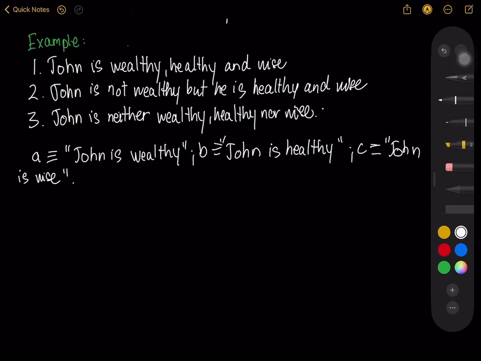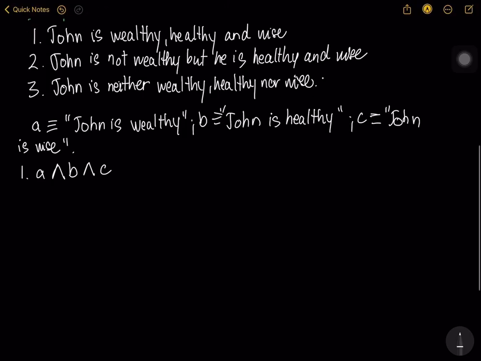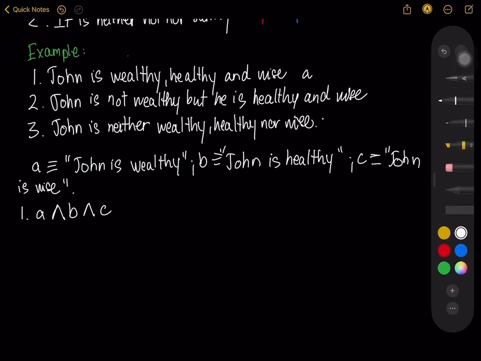We have A, John is wealthy, healthy, so and B, and then wise, and C. This is our first sentence, so I'm going to write this up here: A and B and C.